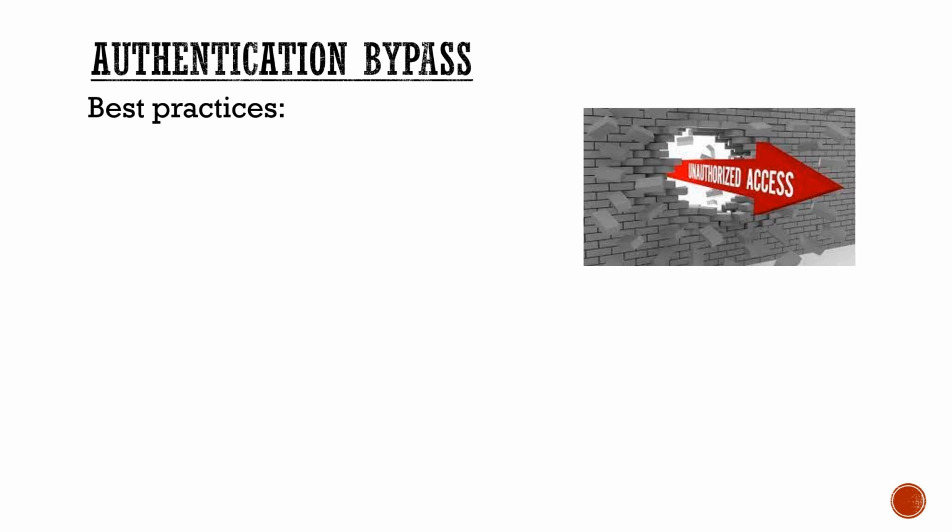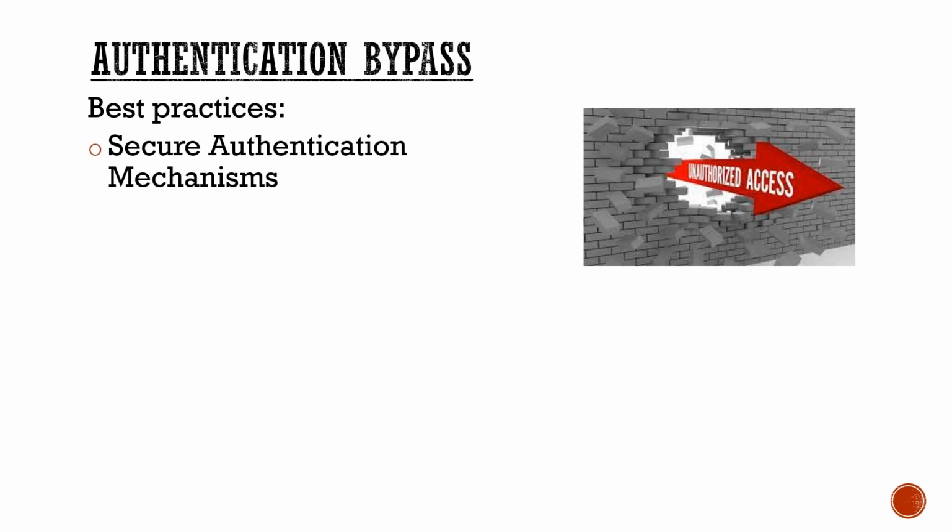So to prevent authentication bypass vulnerabilities, developers and system administrators should follow these best practices. First, we have the secure authentication mechanism. So you can implement this to provide more security to your data or system. This includes strong password policies.